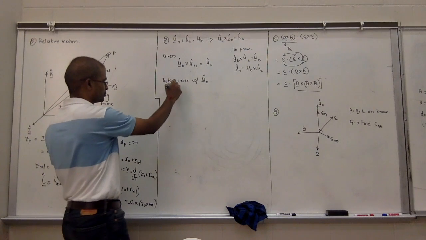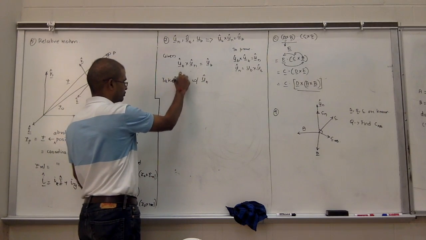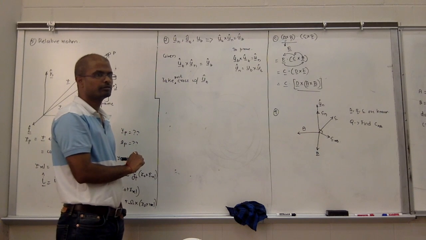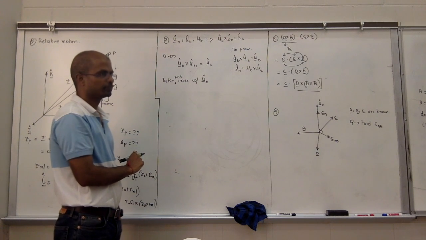Post cross with UT. What does post cross and pre cross mean? The order matters. A cross B is not B cross A. So post cross means a cross after.